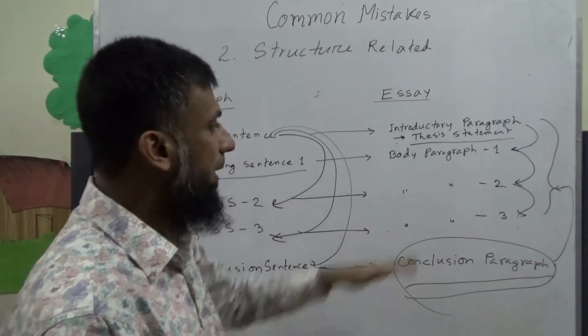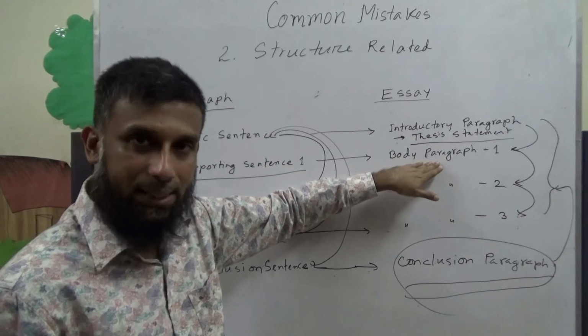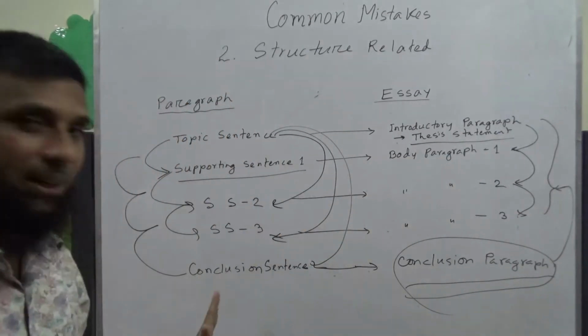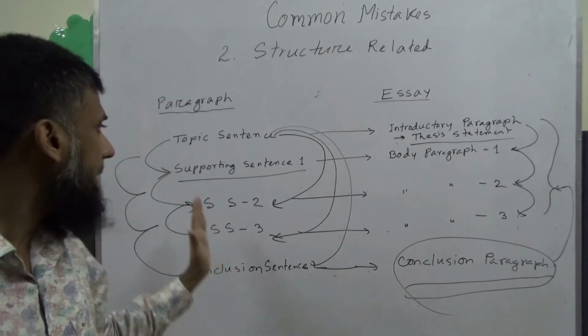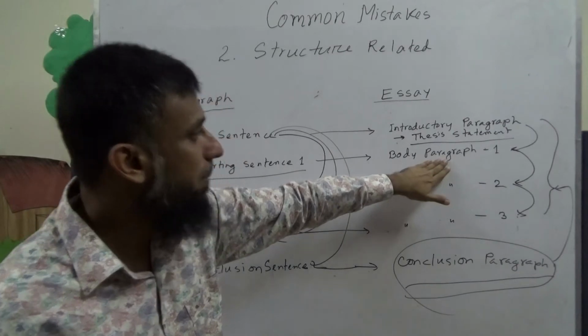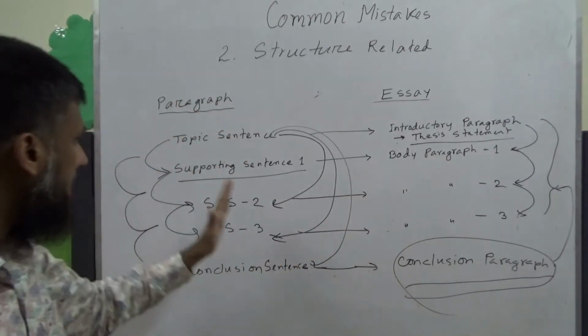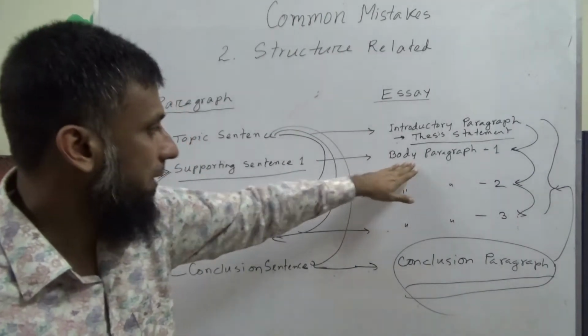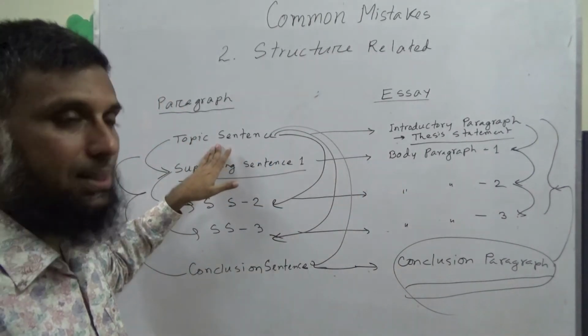And in the same way, each paragraph in an essay has all the characteristics of a paragraph. So you see, a paragraph is the smallest unit, and in an essay, every paragraph has all the qualities of a separate paragraph. So in the body paragraph 1, you have a topic sentence, which is the main idea.